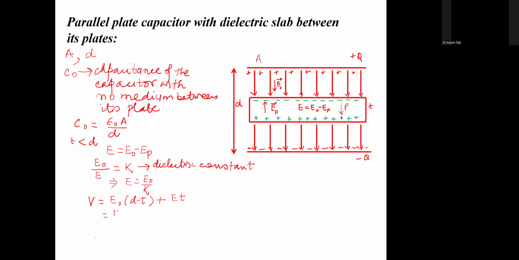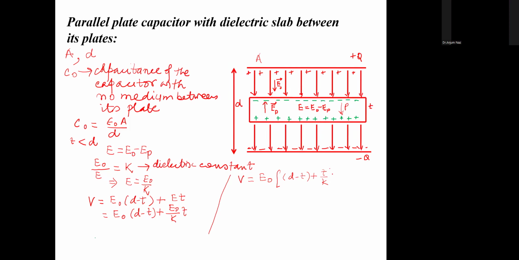Now we can write E as E naught by K, or this implies that the potential difference V is E naught times (d minus t plus t by K).